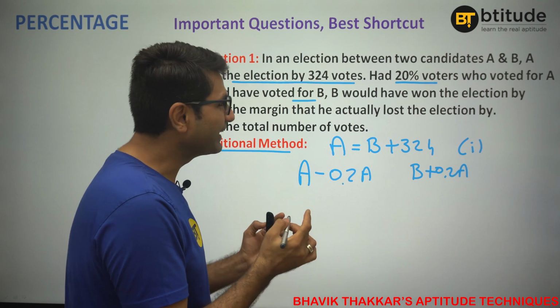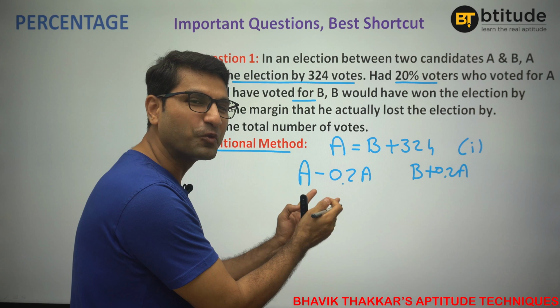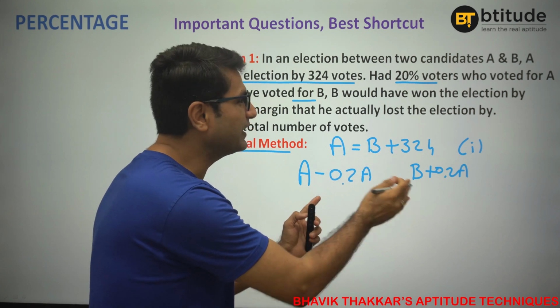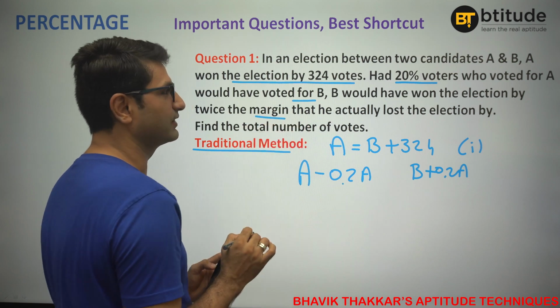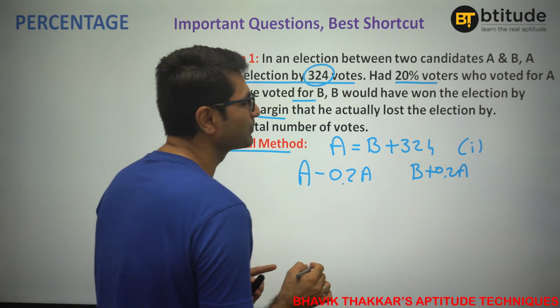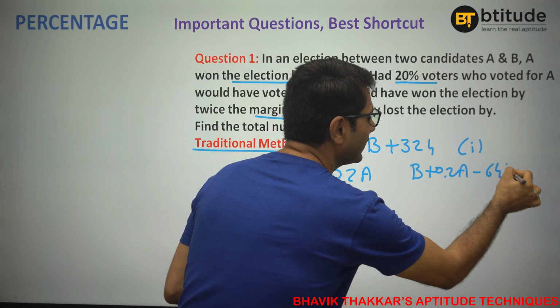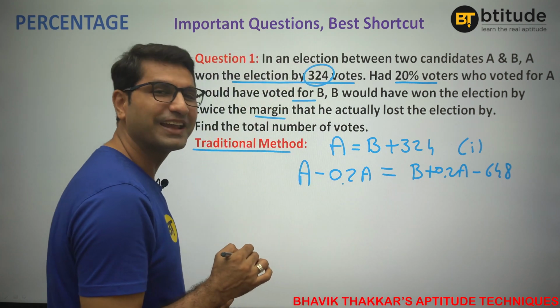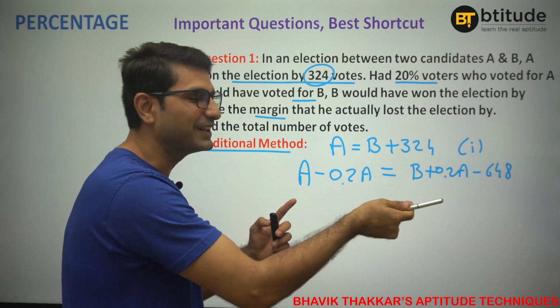And then if these particular voters had switched over to B, B would have won the election by twice the margin. So he would have won by twice this number, that is 648. So if we deduct 648 from there, then they would be equal.